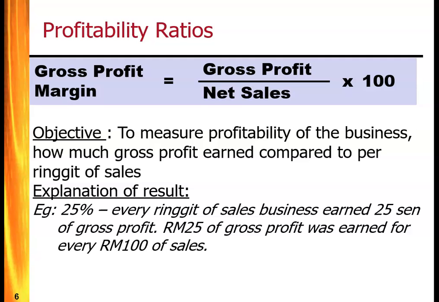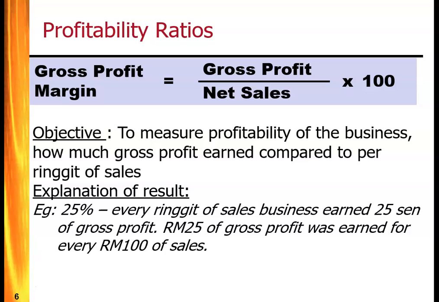To explain the result, let's say you calculate and you have a 25% gross profit margin. You will explain that for every ringgit of sales that the business made, you earn 25 cents of gross profit.